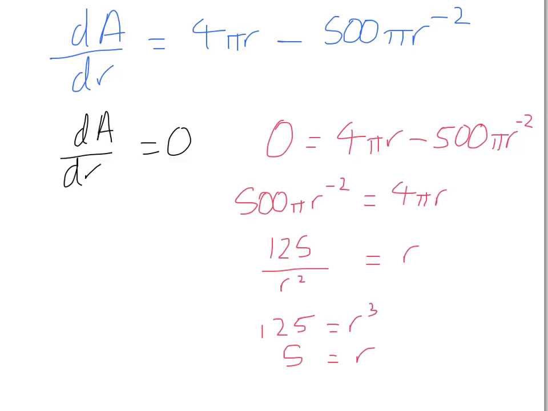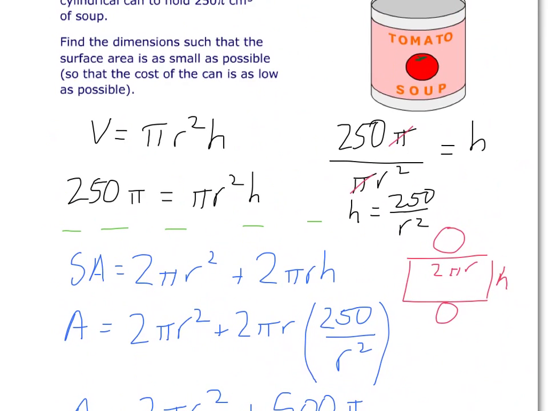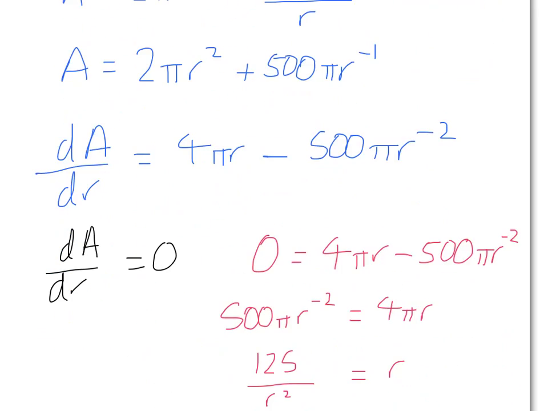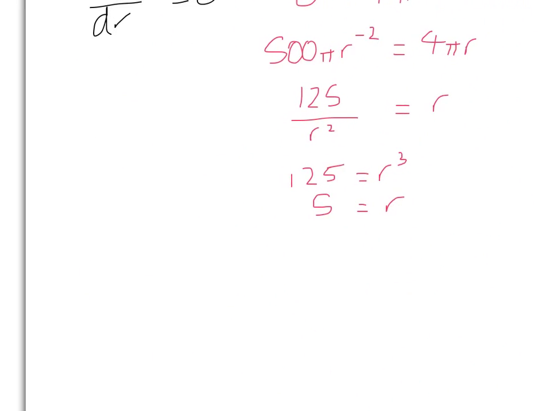So when there is no change in the area, the rate of change of the area is 0, the radius is 5. Now we can use this radius being 5 to help us now find the height of the cylinder. Now we formed an equation earlier on here to help us find the height when given the radius. So we're going to substitute our radius of 5 into that equation.